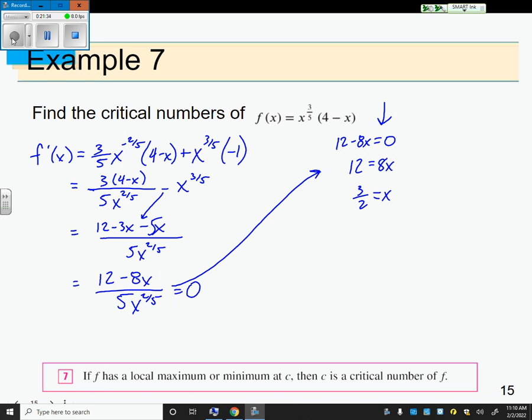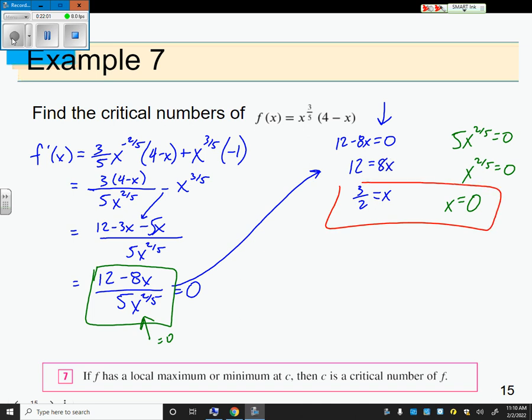I'm going to be able to get another critical number because of anything that makes my derivative undefined. Well, what makes a fraction undefined? The bottom equaling 0. So if I do 5x to the 2/5 equals 0, divide by 5, 0 raised to any power is going to be 0. So I end up with two critical numbers on here. Okay.